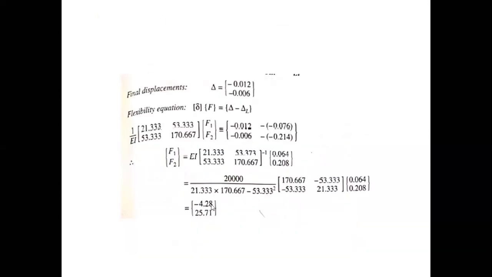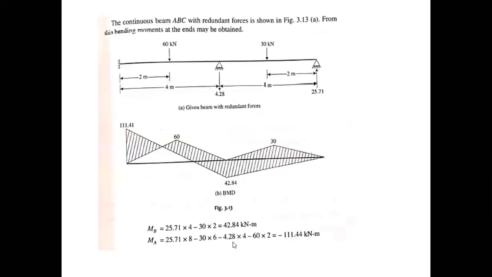Sorry, 25.71 was F2, and 4.28 was F1. So F1, that is minus 4.28 multiplied by 4 minus 60 multiplied by 2.